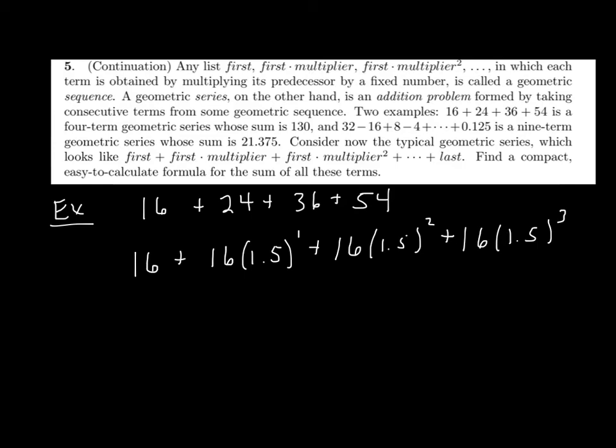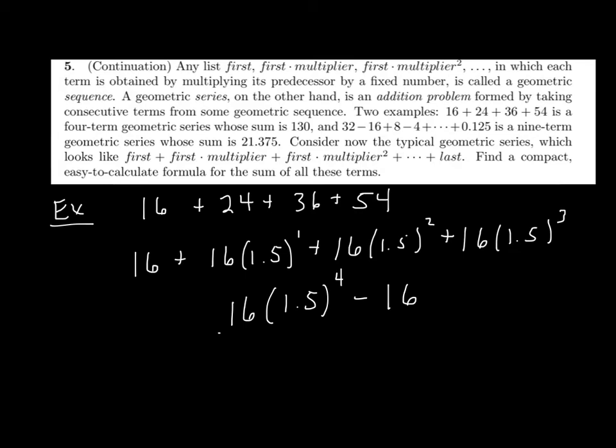So if we go back to what we just did, we're just going to check to make sure this works. We took this last term right here, and we added up an exponent. So we went 16 times 1.5 to the fourth minus the first term, which was just 16 to the 0, which is just 16, right?